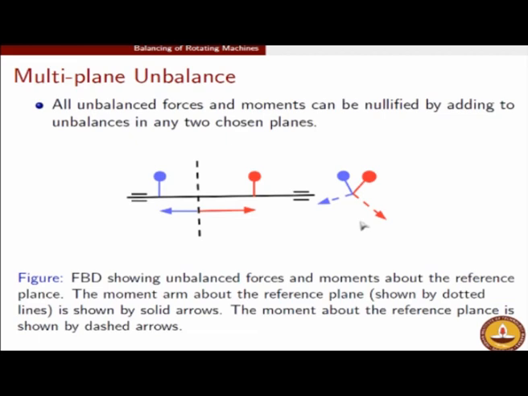The reason I am adopting this convention is that if I look at the rotated moments rather than the actual moments, the moments due to the unbalance which are to the right half of my reference plane will get aligned exactly with my unbalance, just like the force. The force, the unbalance and the moment will all be pointing in the same direction. Whereas the moment which is located on the left side of my reference plane will be opposite to the direction of the unbalanced force.